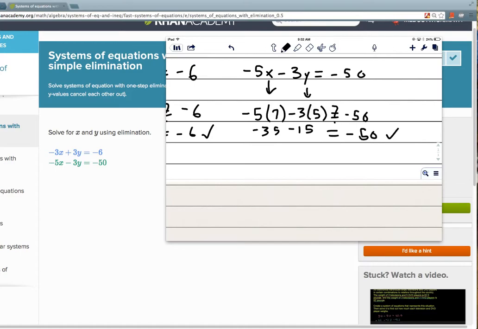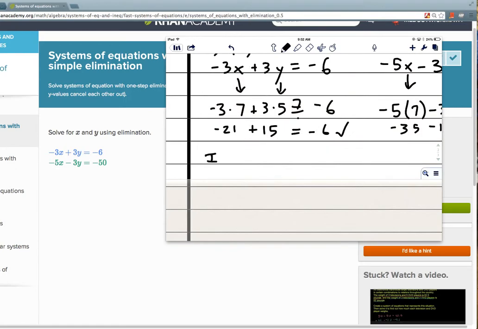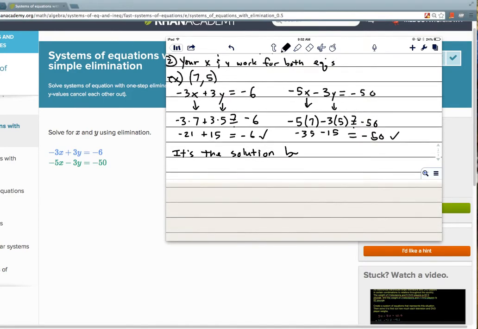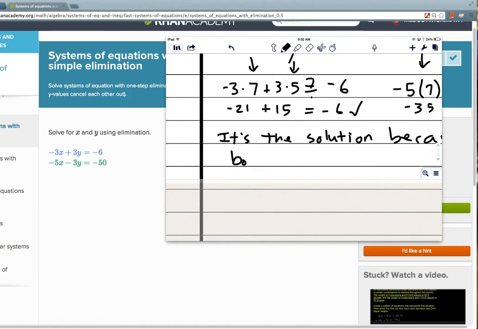So it works for both equations. And so I can write it's the solution because it makes both equations true.